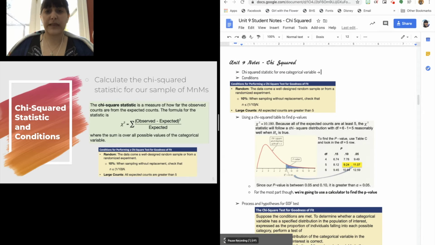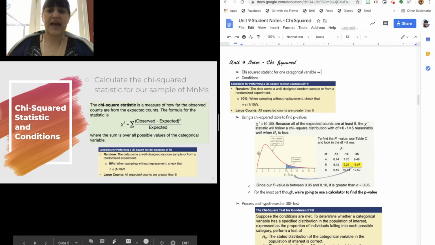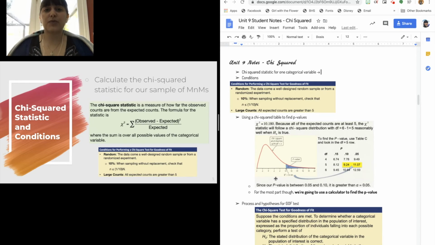Okay, so let's talk briefly about what the actual chi-squared statistic is. Like I told you before, the chi-squared statistic has lots of different components because it deals with things in either a one-way table or a two-way table. You have lots of categories and lots of blank spaces.